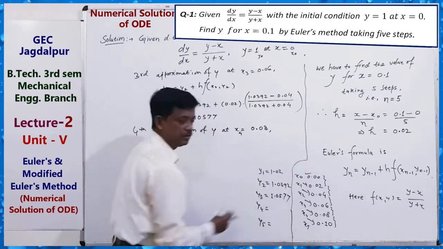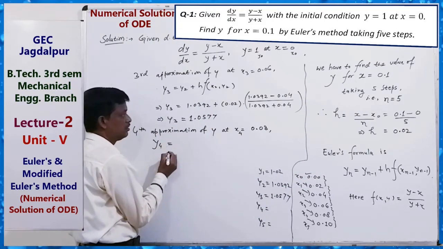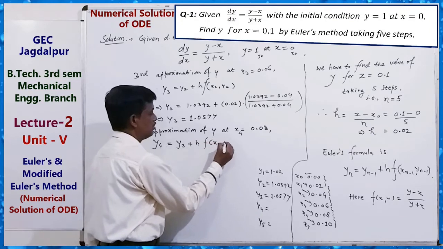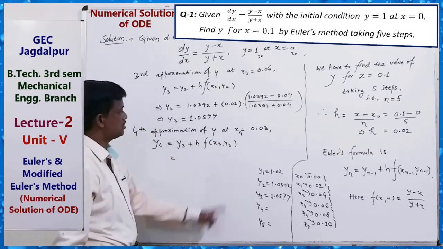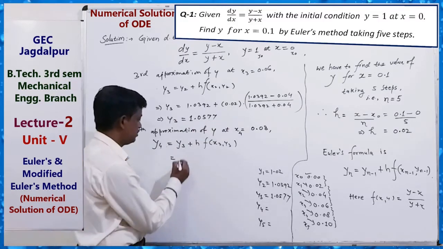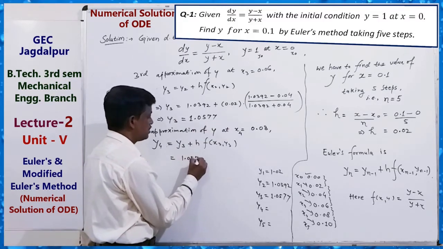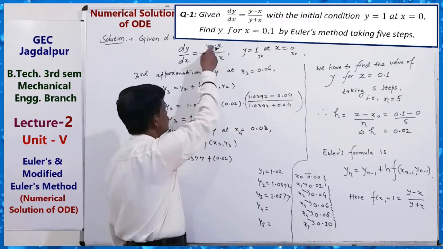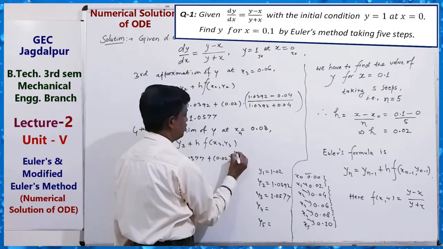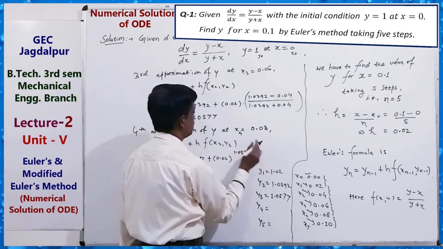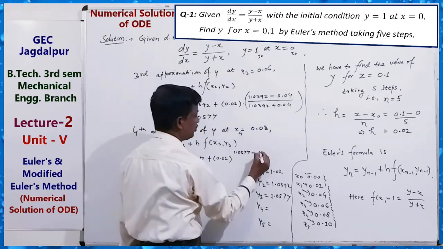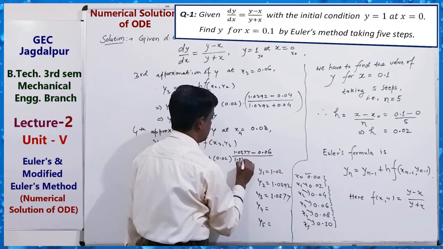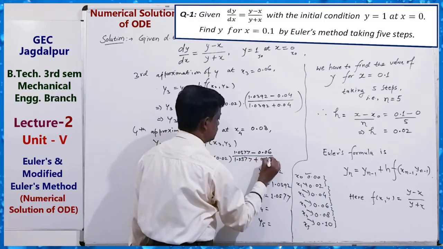Using this formula, y4 equals y3 plus h f(x3, y3), where y3 is 1.0577. So 1.0577 plus 0.02 times (y3 minus x3) upon (y3 plus x3): 1.0577 minus 0.06 upon 1.0577 plus 0.06.